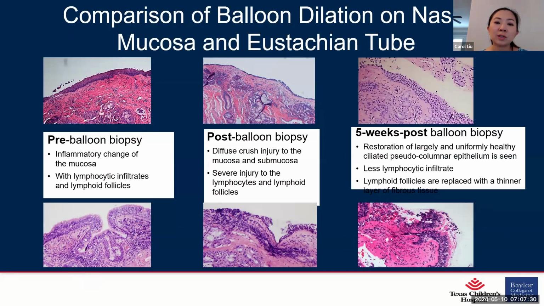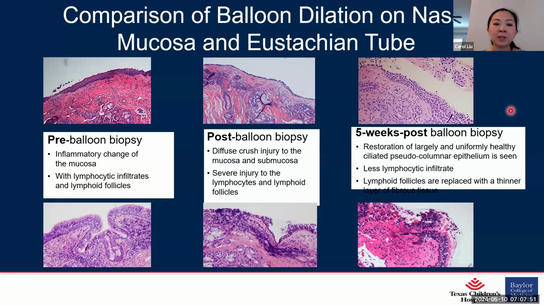In the top picture, what you're seeing is actually inferior turbinate dilation, which is very interesting. You're seeing exactly the same histology result, a drastic decrease in the inflammatory cells. This will be a little more important in a couple of minutes when we start talking about the procedure part.